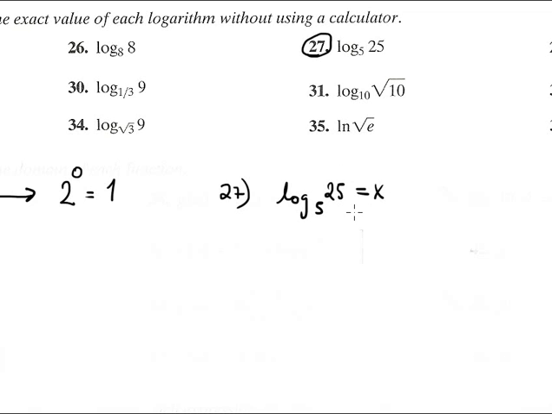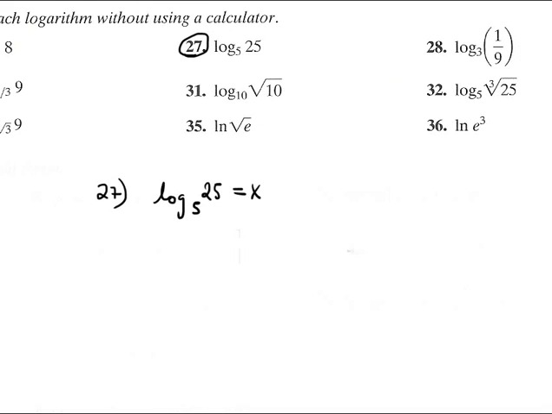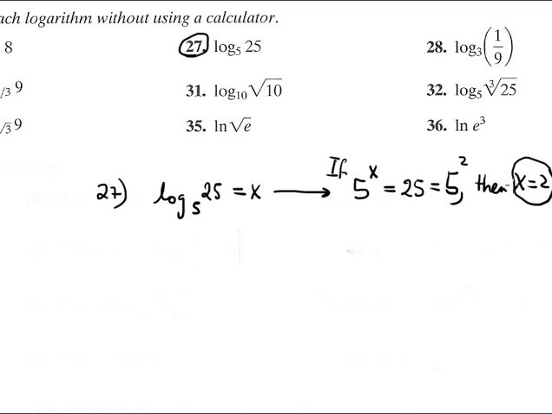But let's try to do it in a different way, applying a systematic way. Suppose the base is 5, the exponent is x, equal to the result, which is 25. 25 I know very well is 5 to the second power. So if this is equal to that, then the exponents are the same, and the answer is x equal to 2.